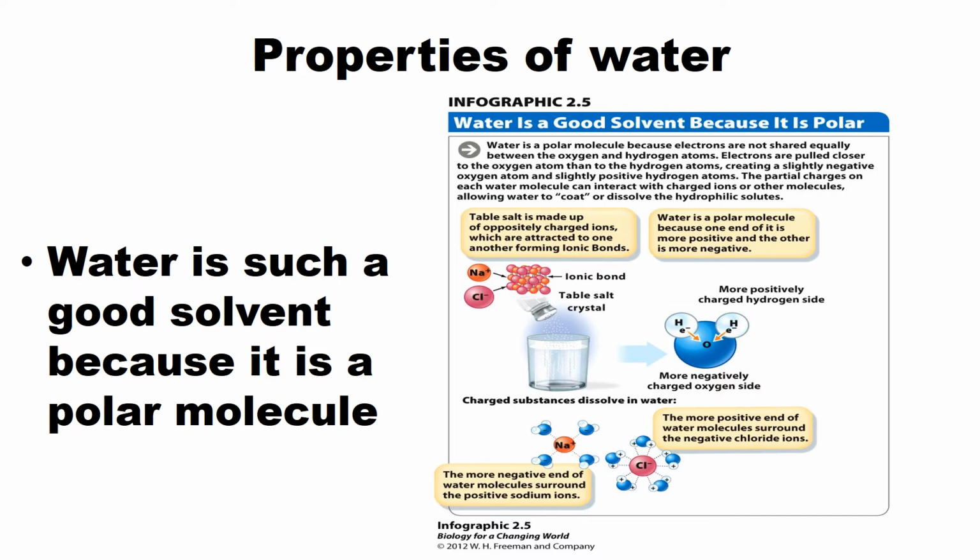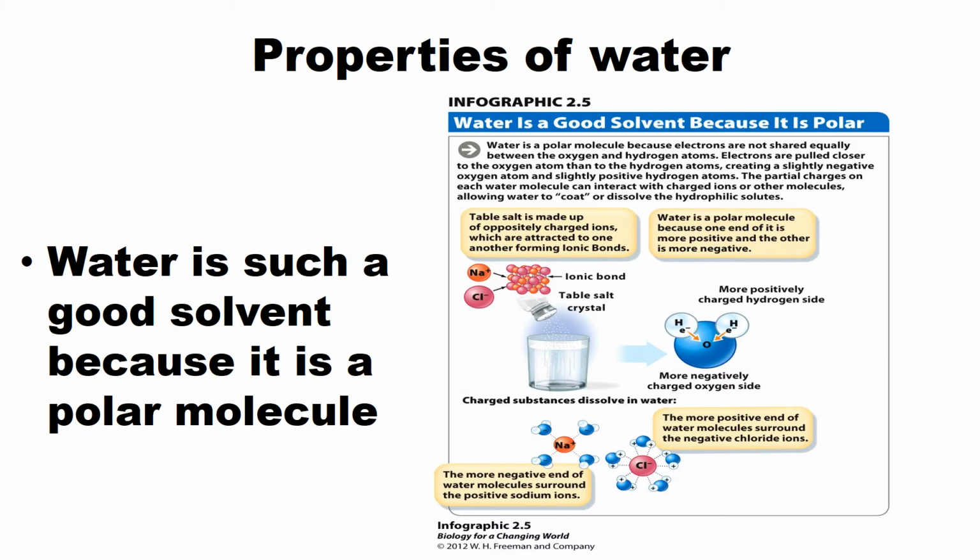Because oxygen is so powerful, the electron in the hydrogen spends the majority of the time near the oxygen. This gives the oxygen a partial negative charge and the hydrogen a partial positive charge, which means that the water molecule is polar, so it basically has a charge.